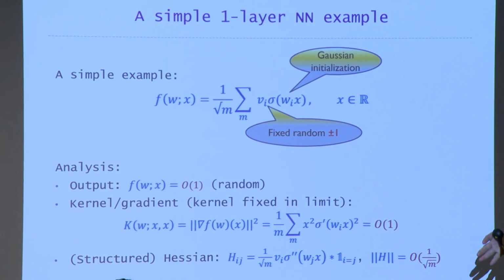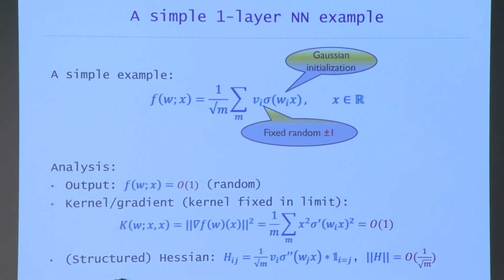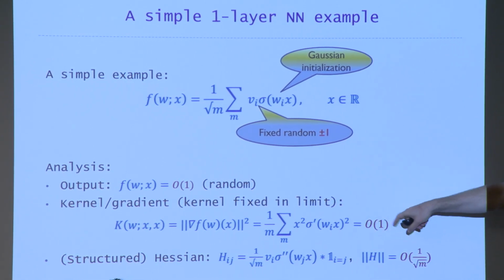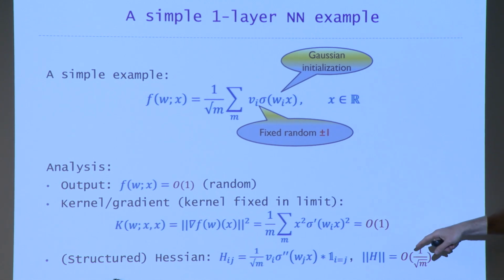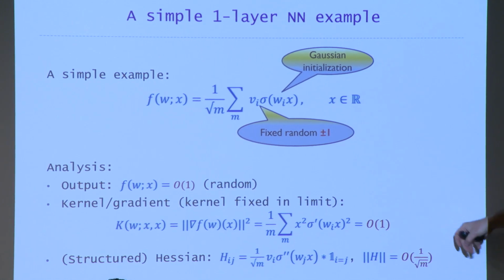You have a Hessian, which is a diagonal matrix, and the gradient is clearly of the order of 1. And you can see that because the Hessian is a diagonal matrix, its spectral norm is of the order of 1 over square root of m. But that's because it has a special form. If it were not a diagonal matrix, it would not generally be this.